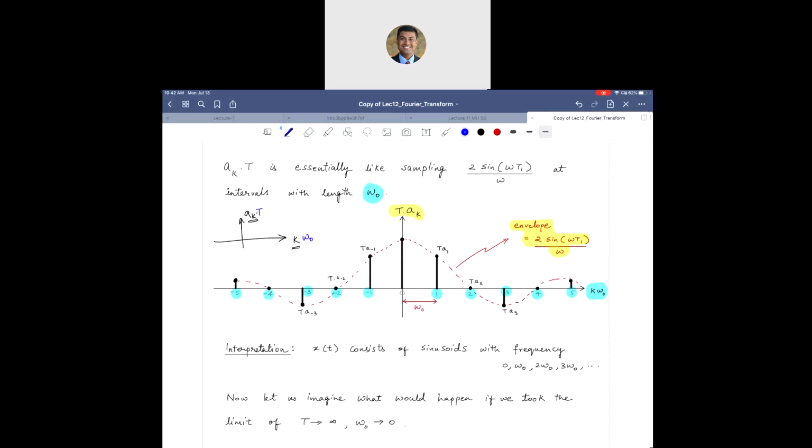Because we multiplied a_k by T, the amplitude of each of those samples got multiplied by T. So a1 and a_-1 got multiplied by T, a2 similarly got multiplied by T. All the Fourier series coefficients got multiplied by T, where T is the time period of the pulse train. And our x-axis was k going from 1, 2, 3 and so on. Now we are doing the same thing but kω0. So the distance between these is going to be ω0, intervals of length ω0.